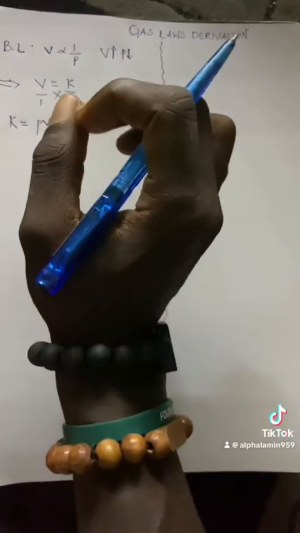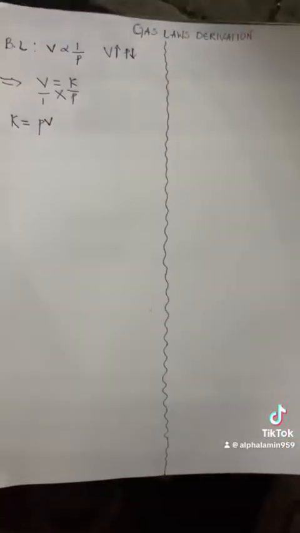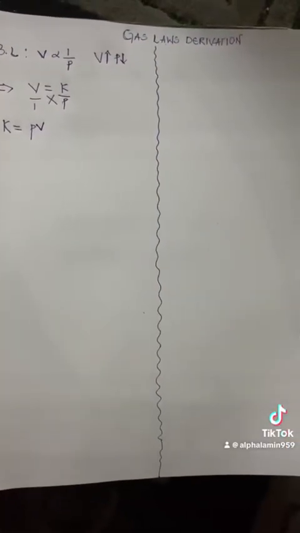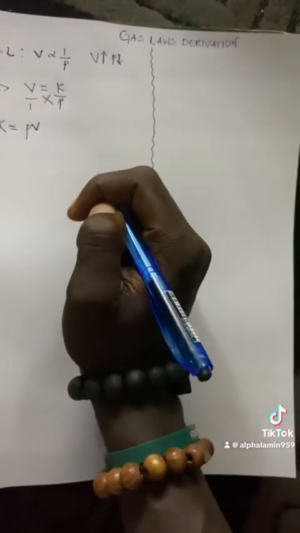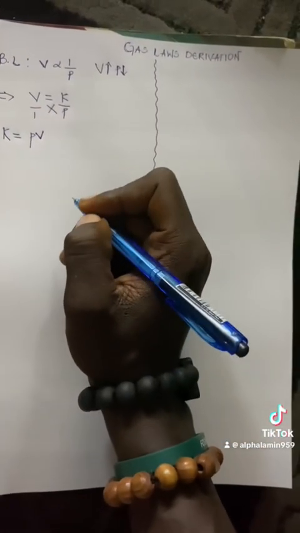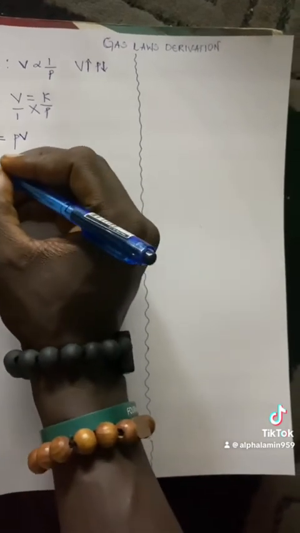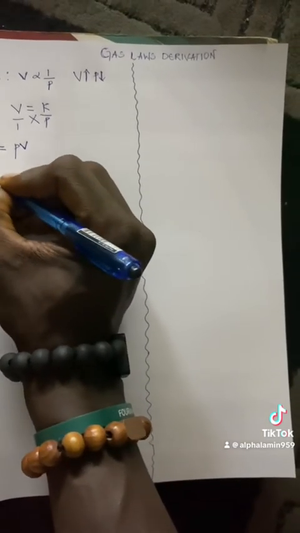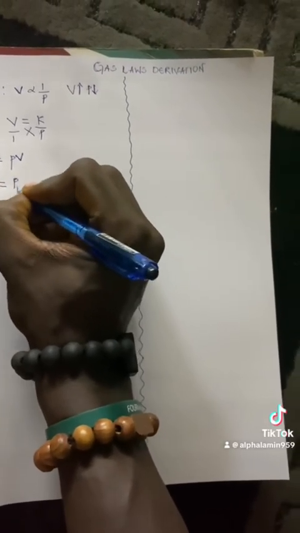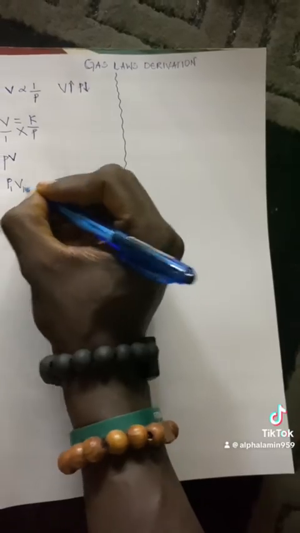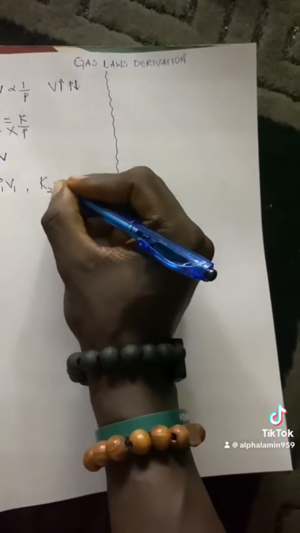We've established a relationship for the constant K. But when we talk about gases, always we look at 2 states. We have the initial state and the final state. And that's the same as having initial conditions and final conditions. So if our K, that the initial conditions, K1, equals what? P1 V1, then the final conditions will be equals to what?